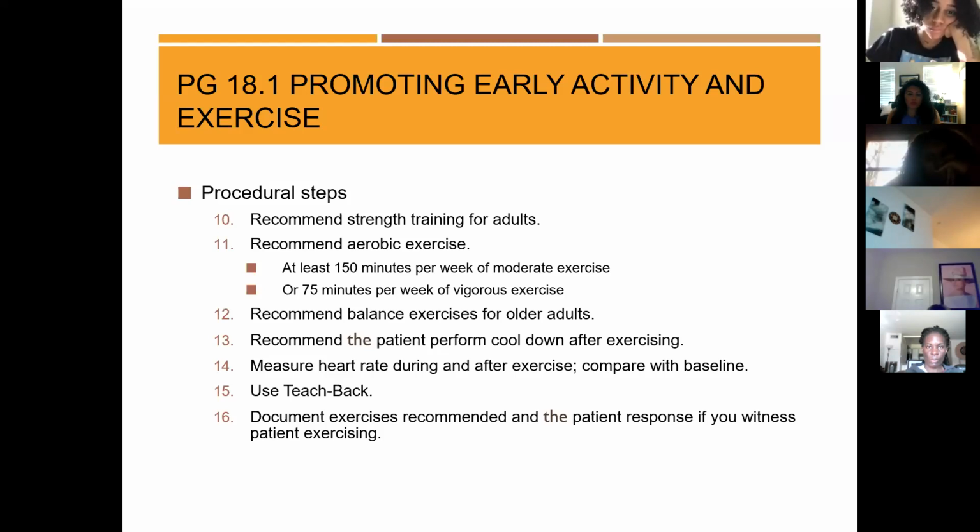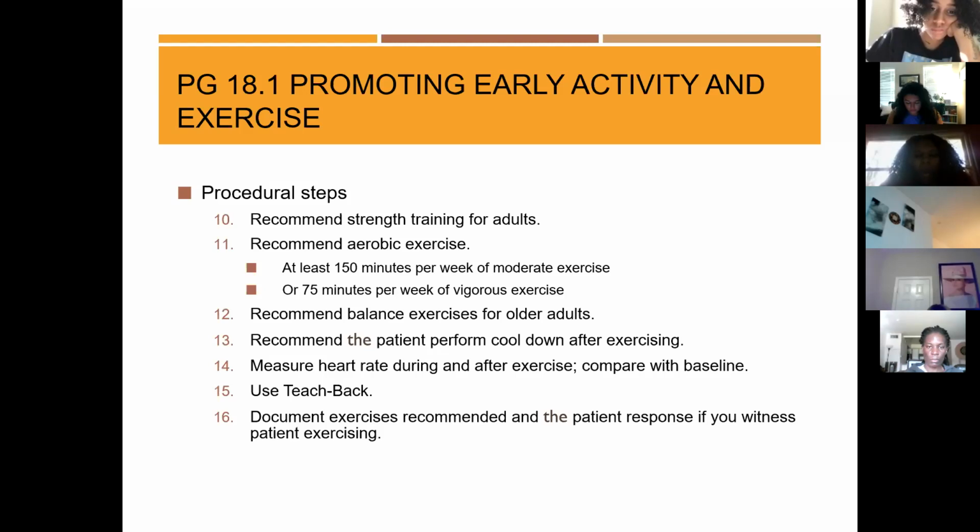We can do balance exercises for our older friends because that will help to decrease the risk of falls. A lot of people fall because they just lose their balance. So if we do some sort of balancing exercises, walking heel to toe, leg raises, things like that, that will help them keep their balance and help prevent them from falling. Okay.